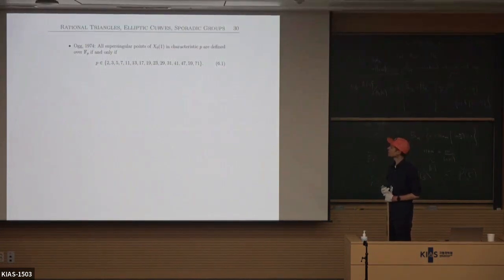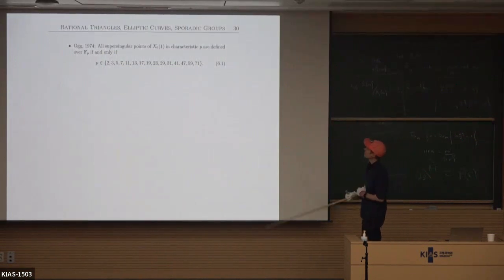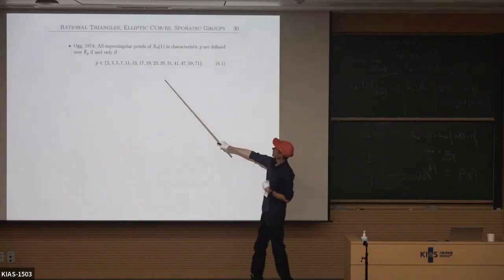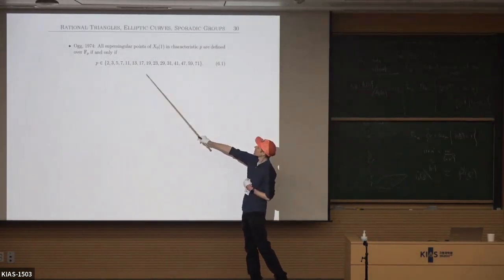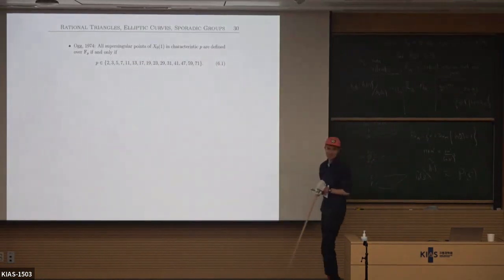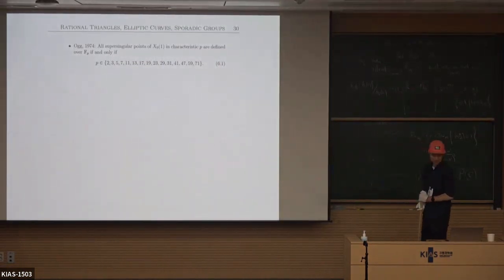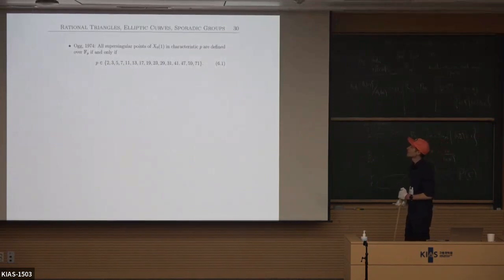there are certain primes P such that supersingular elliptic curves in characteristic P have a funny property: their J invariants belong to FP, all of them, for exactly these values of P. Or to put it more geometrically, the supersingular points of X0(1), the points that represent supersingular elliptic curves, are defined over FP.